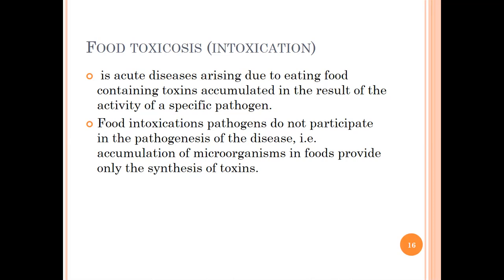In food intoxication, pathogens don't participate in the pathogenesis of food poisoning. And in this case, intoxication occurs because of exotoxin produced by bacteria. And these exotoxins are emitted into the food before eating of contaminated food.